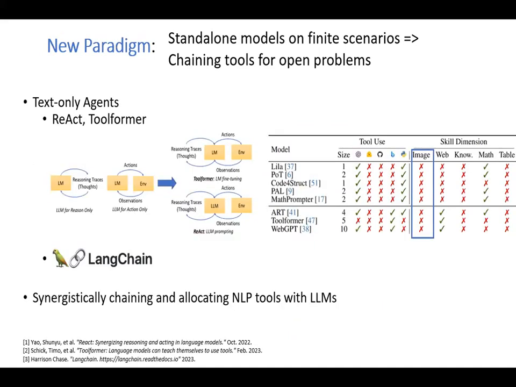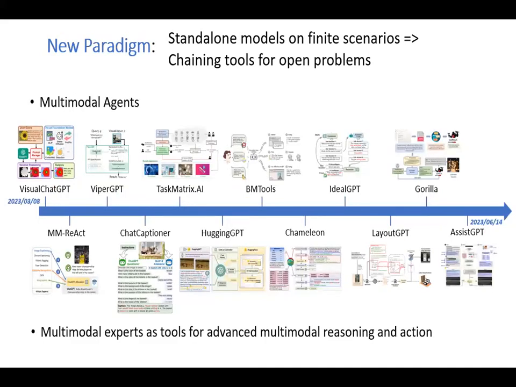And this new paradigm has been previously studied in NLP to train specialized NLP tools to solve more complicated problems. For example, the NLP tools can be calculator, calendar, search engine, or specialized models for question answering and machine translation. And as shown in the table here, all those methods don't have image understanding capabilities.